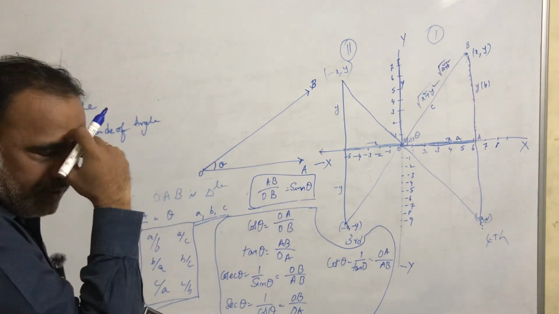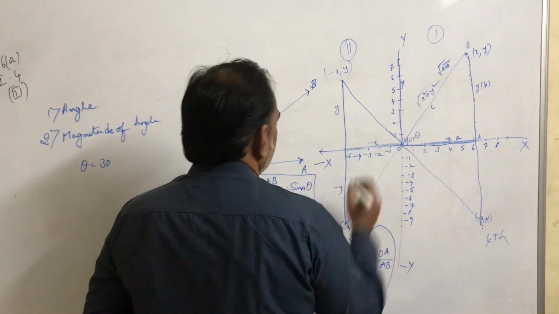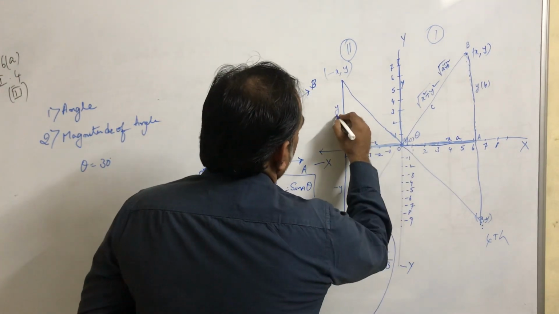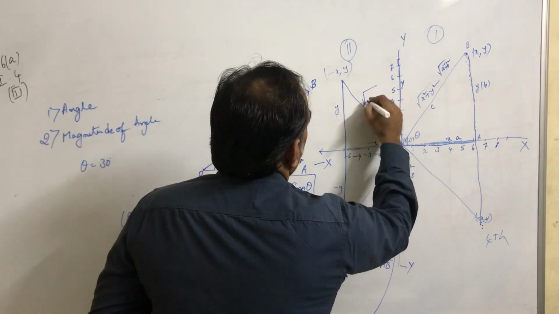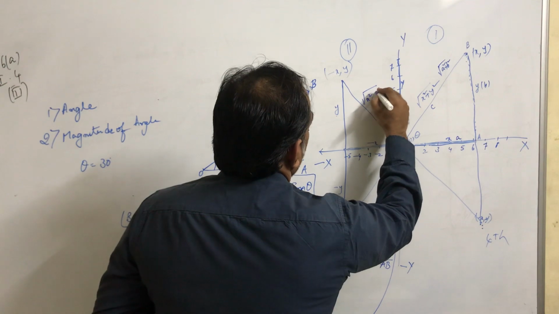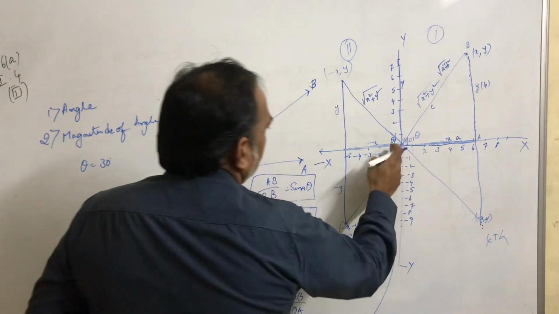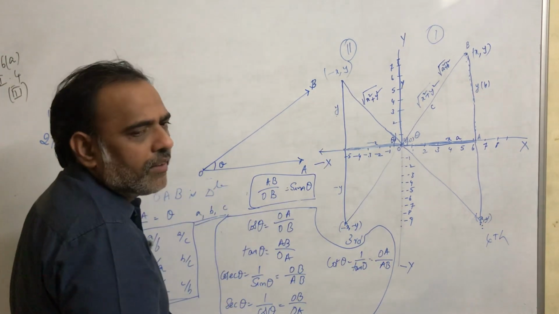Okay. Now, come to the second quadrant. See, in the second quadrant, this is y and this is minus x. This is square root of x square plus y square, right? And let us say this is theta. And this is also a right angle triangle. How many ratios are possible?